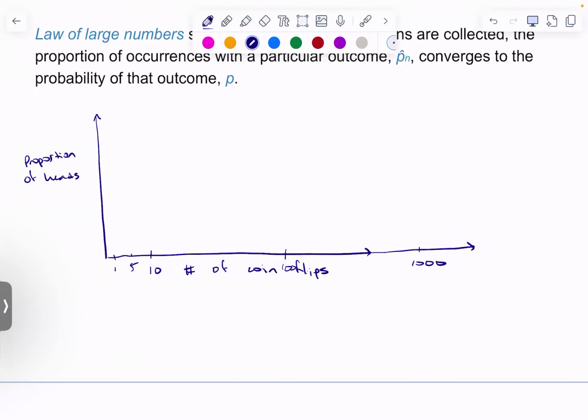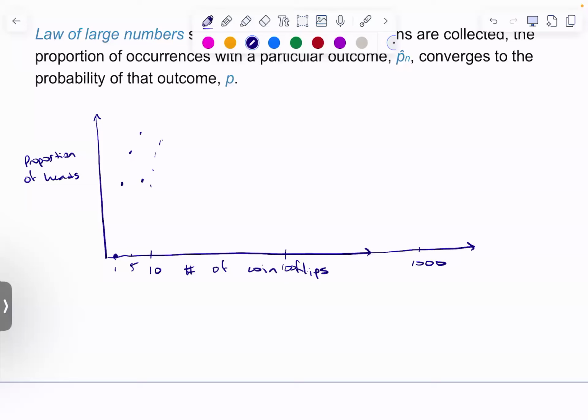So if I flip it once, maybe it's at 0. If I flip it twice, maybe the first one wasn't heads and then the second one was. So now I'm here, and then here, here, here.